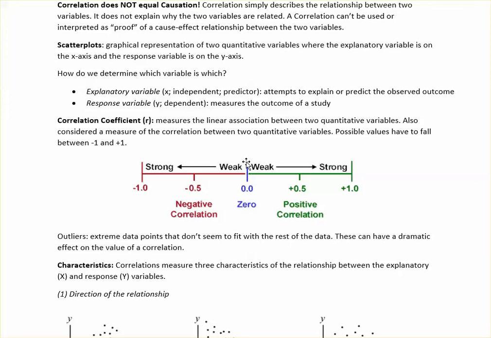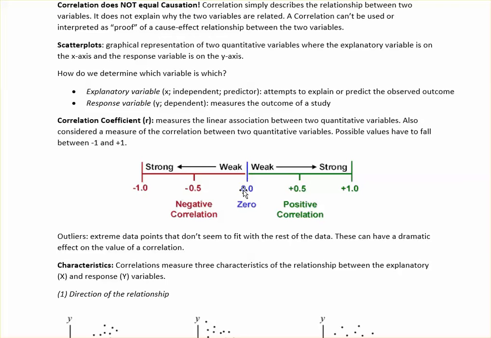So 0 is the weakest relationship, but it can be like a -0.2 and a +0.2 are both equally weak, because it doesn't matter which side. This is almost like an absolute value thing. So don't think of -1 as a weaker relationship and +1 as a stronger, positive relationship.